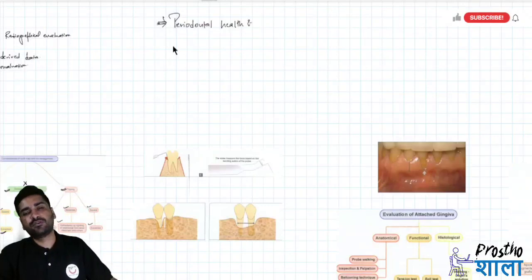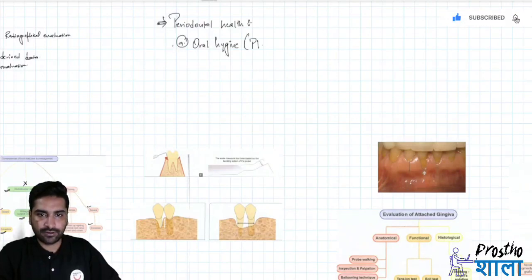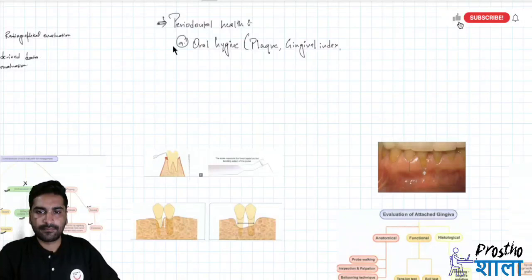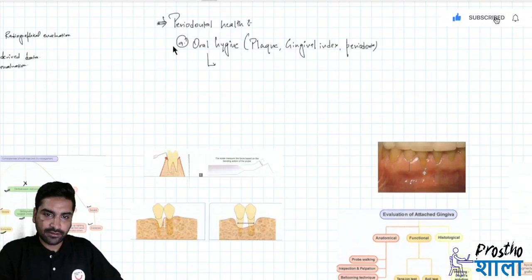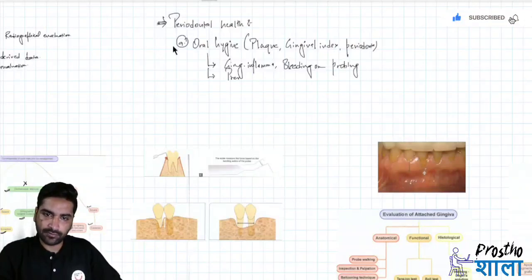So it involves various aspects like oral hygiene, where you take your plaque index, gingival index, periodontal index. These are usually done to measure gingival inflammation or bleeding on probing, right? Or if there is any periodontal breakdown.